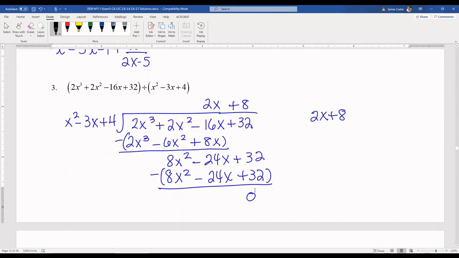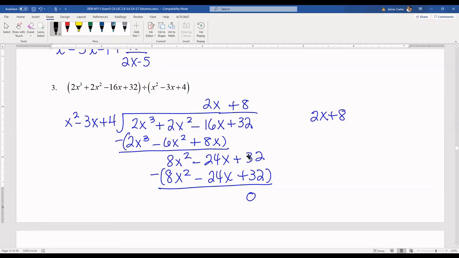Problem number 3. Here we have 3 terms. We did not have to put in any 0 terms. So x squared goes into 2x cubed, 2x times. Okay, so we distribute that, subtract, and we get 8x squared minus 24x.